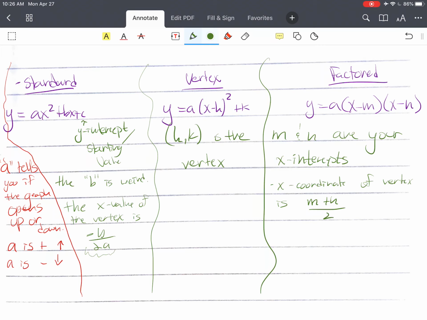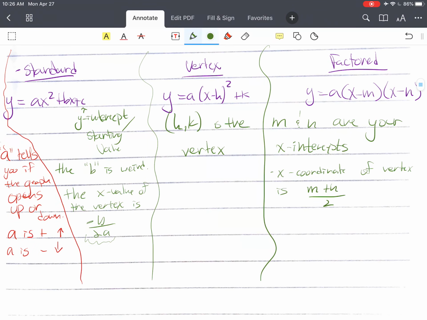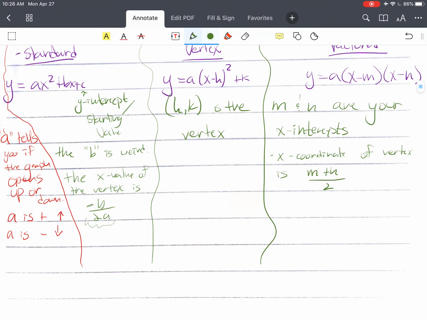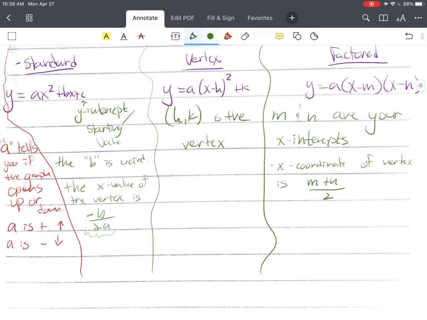Now, I'll be honest, you don't have to remember all of this, okay? With time, a lot of it will start making sense and you'll start to remember little tricks here and there. I'm introducing everything, but you don't need to remember everything. You remember what you want to, I guess. There's one last thing that a factored form equation tells you, and that's your starting value.